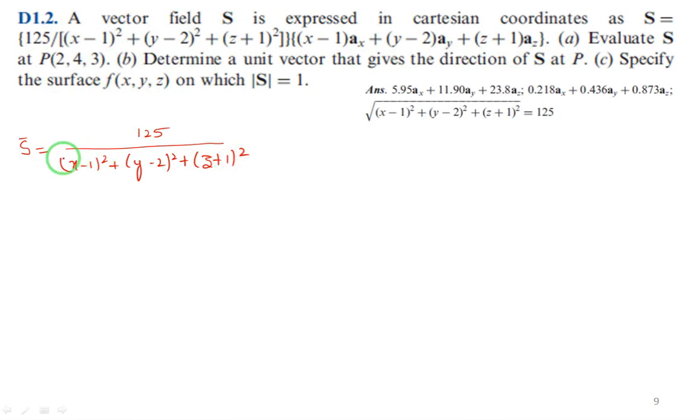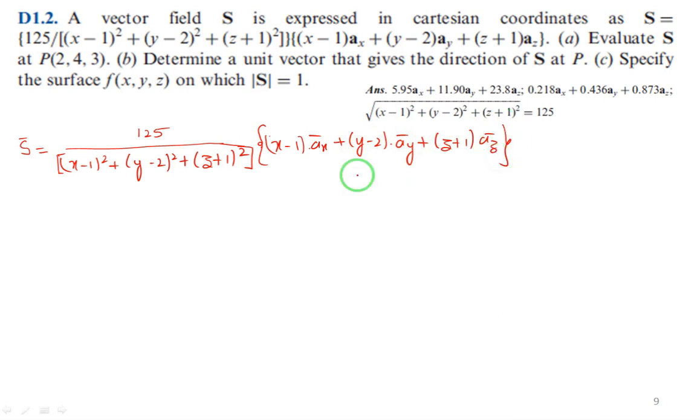They have put it in a bracket. Then multiplied by, in the numerator, x minus 1 into ax, so I'll make use of another bracket here, plus y minus 2 into ay vector plus z plus 1 into az vector.